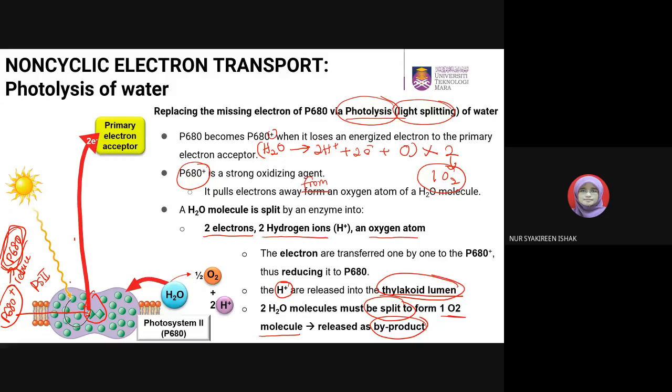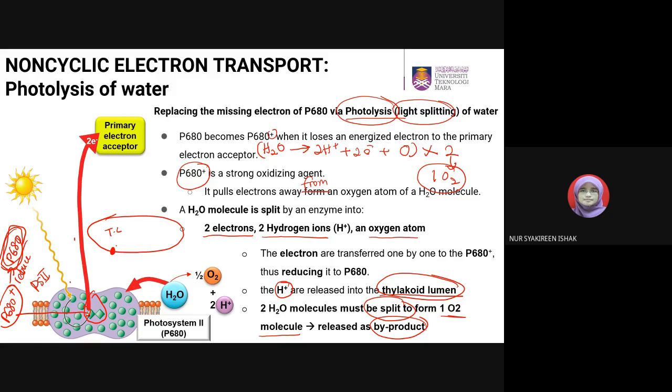Okay, ingat, kalau ini thylakoid, right? Thylakoid membrane. Dalam ni adalah thylakoid lumen. Okay, so photosystem ni is embedded in the thylakoid membrane.